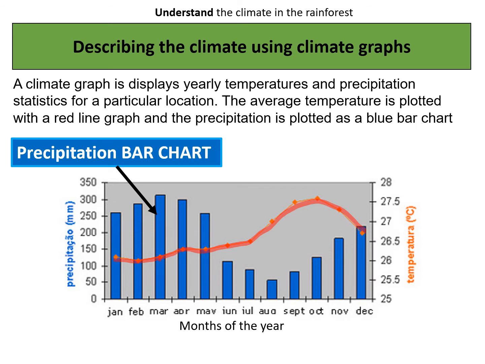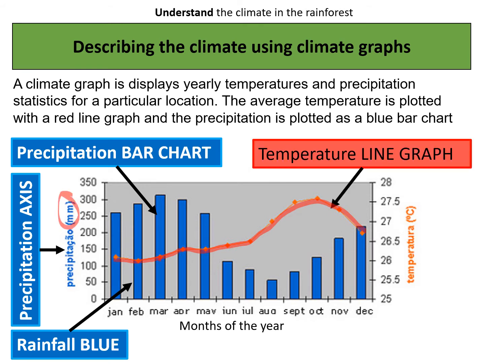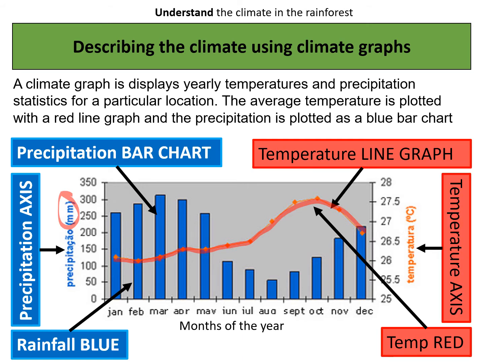So the precipitation is a bar chart, and we normally colour them in blue to show rainfall. And then they are shown on the left axis, and you can see it's measured in millimetres, whereas the temperature is the line graph, normally represented in red or orange, and that is measured in degrees C.